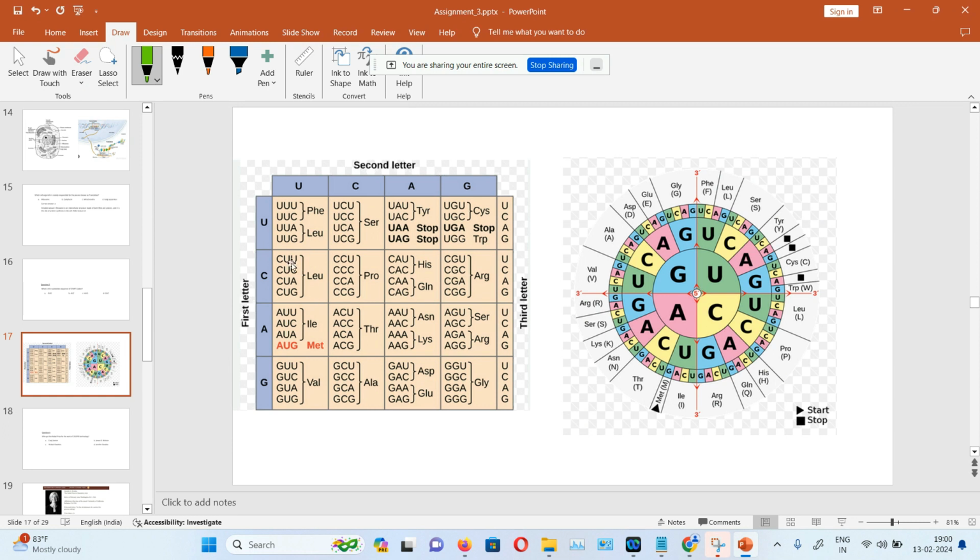There are a lot of codons corresponding to leucine. UUA and UUG stand for leucine also, and CUU, CUC, CUA, CUG all stand for leucine.